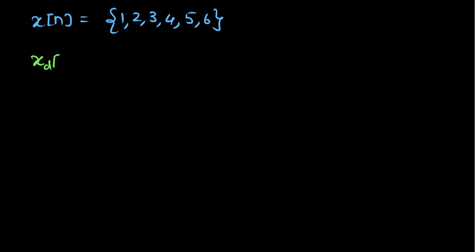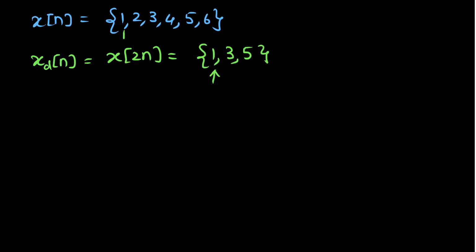Basically, we have the initial discrete time signal as 1, 2, 3, 4, 5, 6, and we find the signal xd of n, which is given as x of 2n, and it is obtained as 1, 3 and 5, and this 1 is located at n equal to 0 and this one here is also located at n equal to 0.